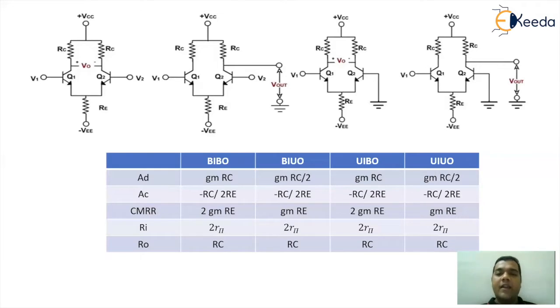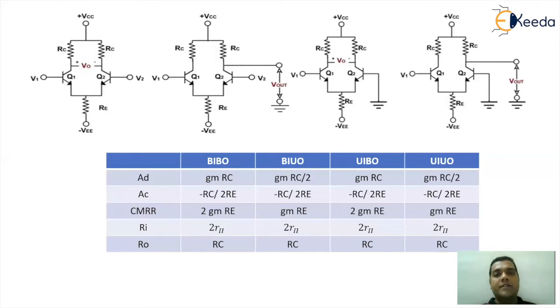Next is unbalanced input, balanced output. The differential gain AD is going to be gm RC. The common mode gain AC will be minus RC by twice RE. CMRR will be twice gm RE. Input resistance will be twice r pi, which can be taken as twice beta RE.